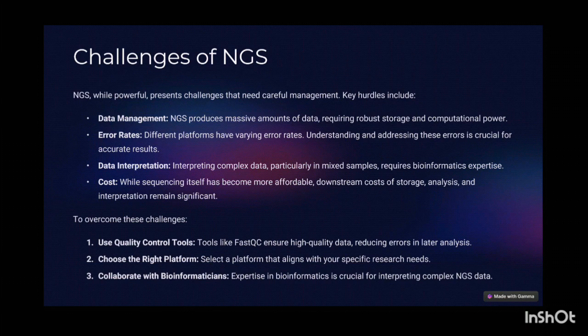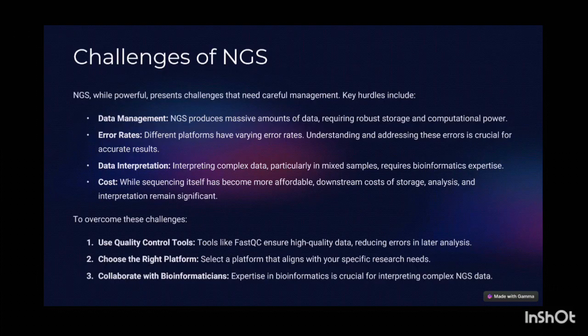So we can use quality control tools. Incorporating tools like FastQC will ensure we start with higher quality data, reducing error propagation through later stages of analysis. And by choosing the right platform, select a sequencing platform that aligns with your specific research needs.